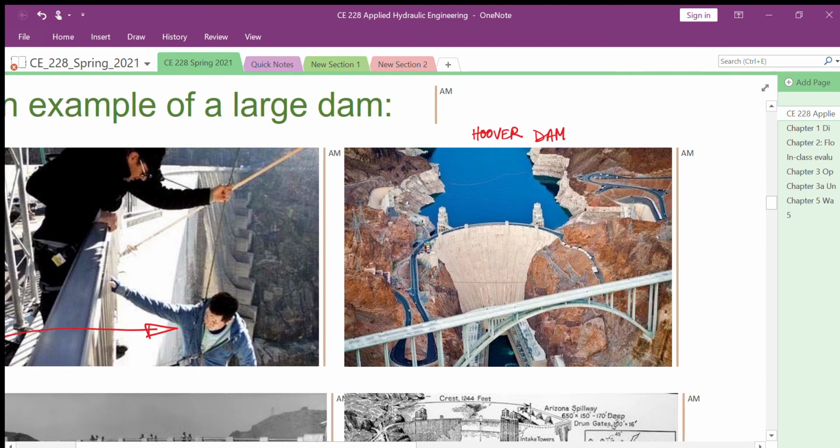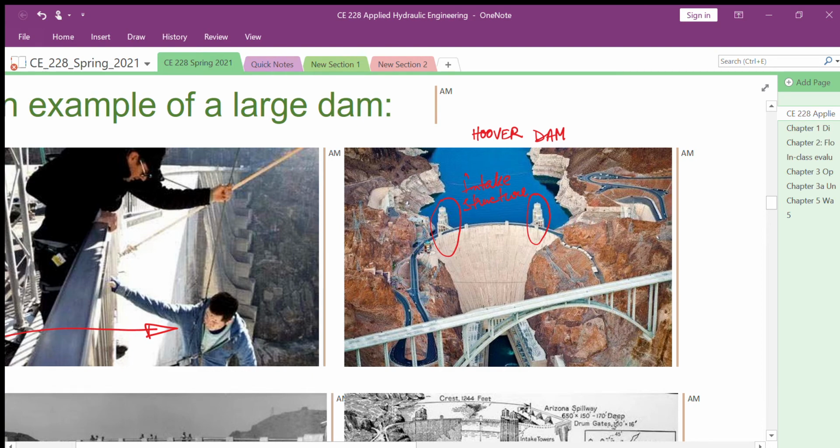So now let's try to appreciate the Hoover Dam from a hydraulic engineer's perspective. These two that you see here are the intake towers. These are the intake structures. This is where the water is taken in.